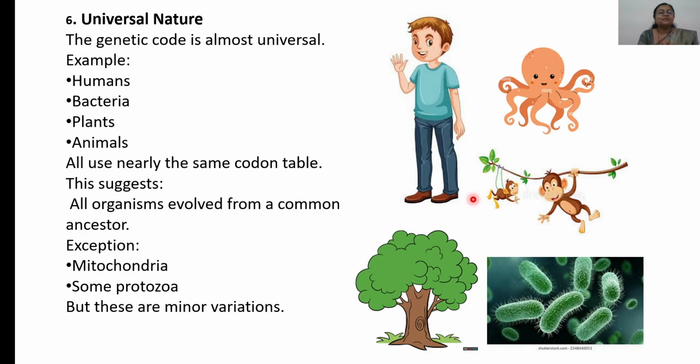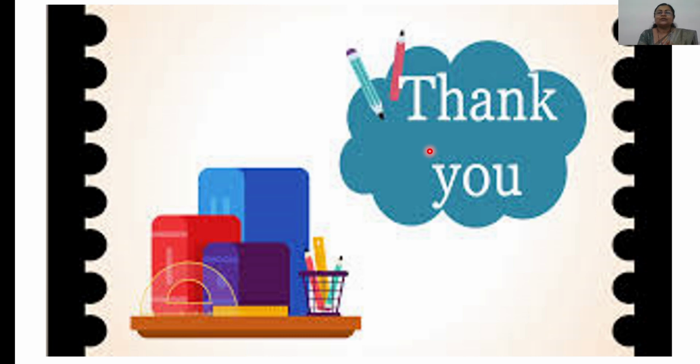Exceptions are also there, mitochondria, some protozoa, but these are minor variations. So these are the properties of a genetic code. So thank you. Here we concluded our lecture series on genes and chromosome.